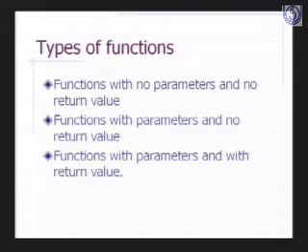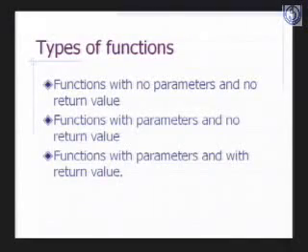Suppose I am passing certain values to be calculated through the parameters, and the calculated value is to be returned to the main program and assigned to a variable. Then we use the third type of function, in which we pass values through the parameters and a return value is expected, so the return data type should be mentioned.